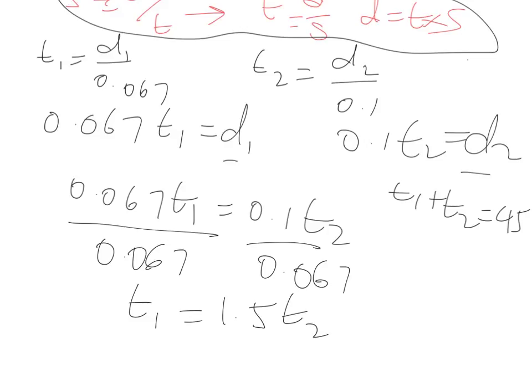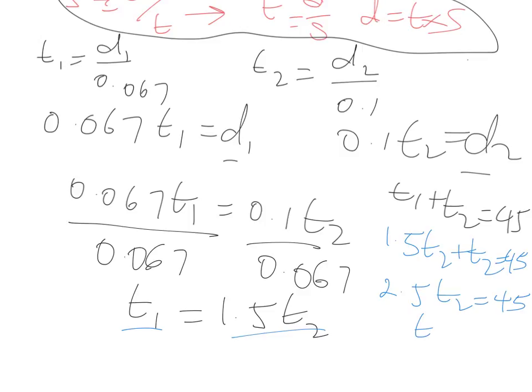Now we can take this and rewrite it, instead of T1, as 1.5 T2. So 1.5 T2 plus T2 equals 45, and now 2.5 T2 equals 45.